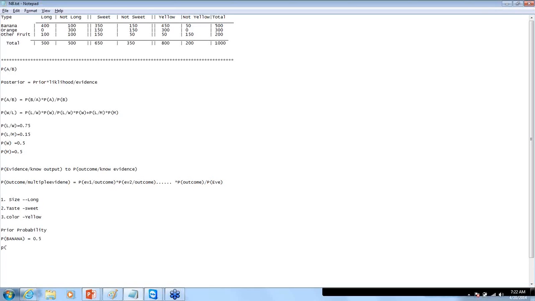Now for the orange, which is also part of the prior probability, 300 fruits are orange out of a total of 1000, so the probability is 0.3. For the other fruit, we can also find it from the example data: 200 divided by 1000, so we have 0.2.